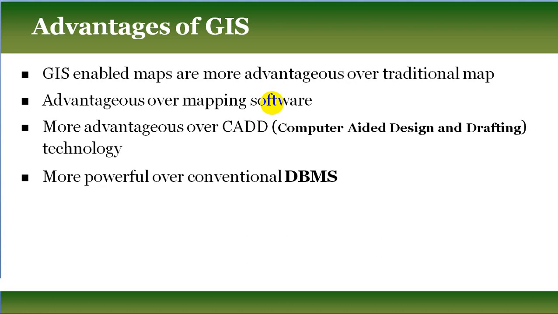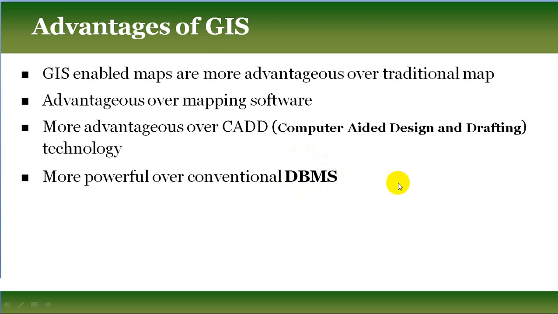GIS is much more advantageous over the conventional database management system. D for data, B for base, M for management, S for system: database management system, DBMS.